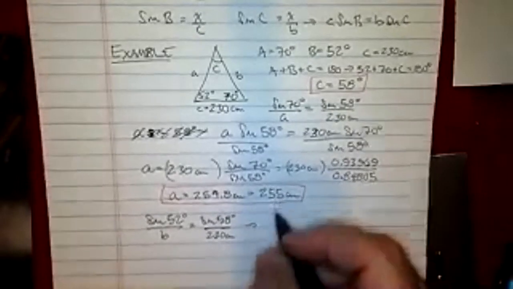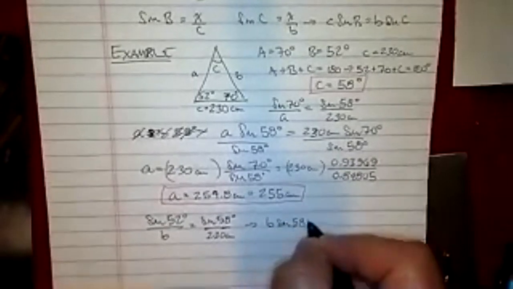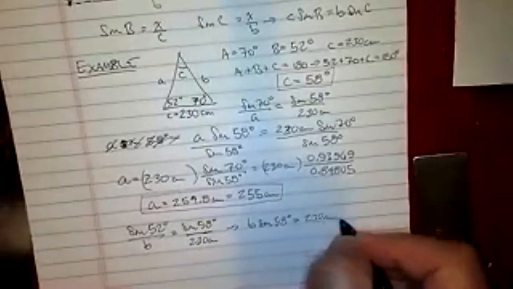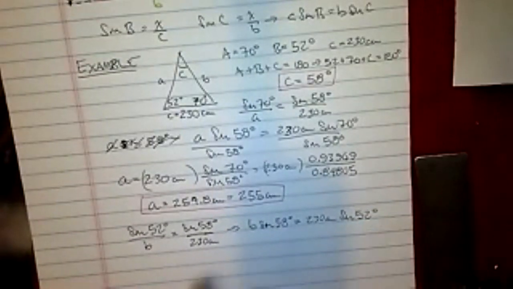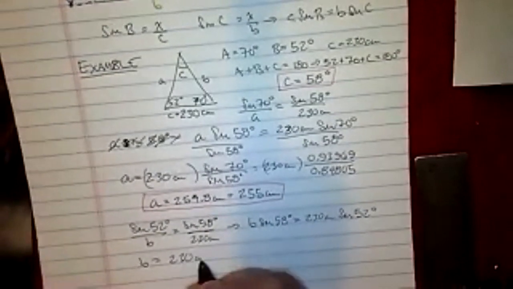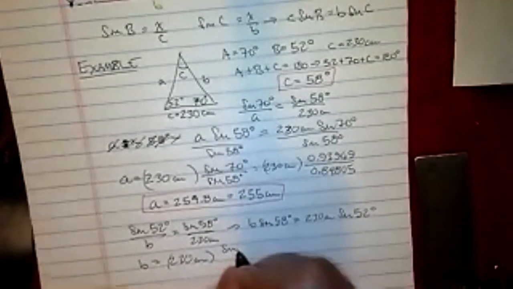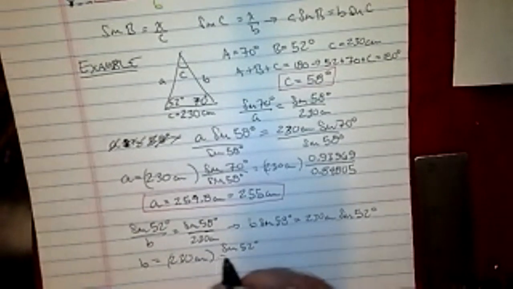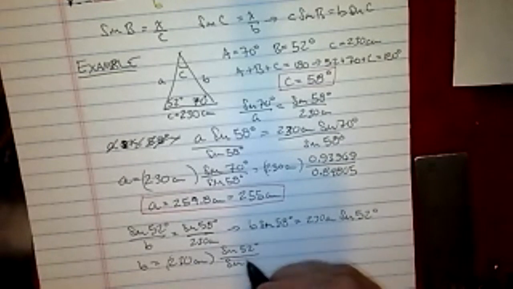Again, I cross multiply, I get B sine 58 degrees is equal to 230 centimeters times the sine of 52 degrees. And then, of course, that gives me B is equal to 230 centimeters times the sine of 52 and divided by the sine of 58 degrees.